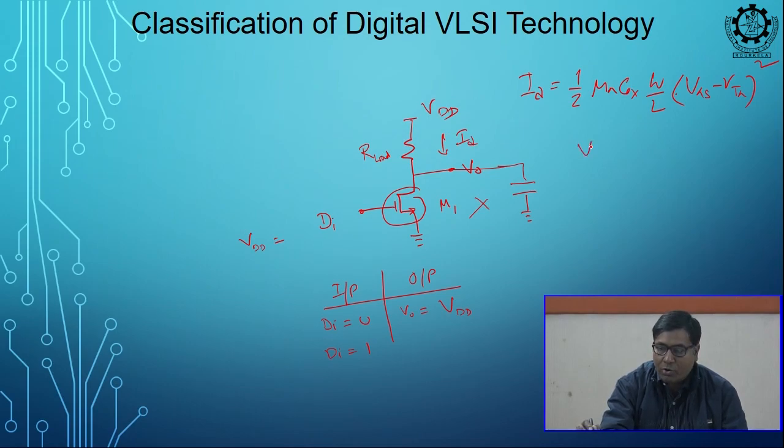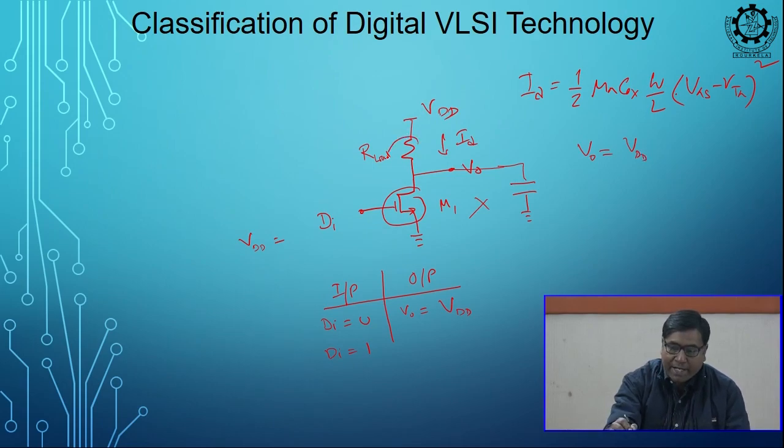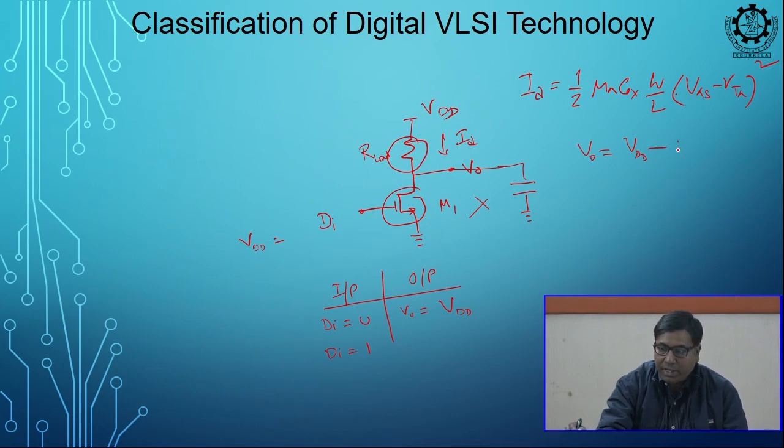So, what will be your output now? V0 is equal to, in the previous case no current was flowing, so it was VDD. Now it is VDD minus the IR drop. So, current ID flows through this, and the drop is ID times RD. The rest of the voltage will be available at your output.